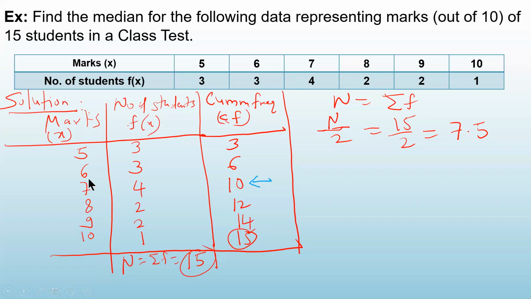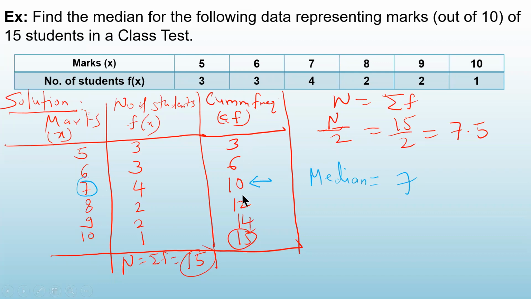And see, it is for which number? It is for this mark. So make a circle here. So what is the median? Median is 7. Okay. So median is equal to 7. What you have to do?